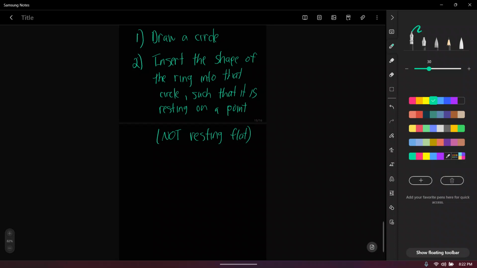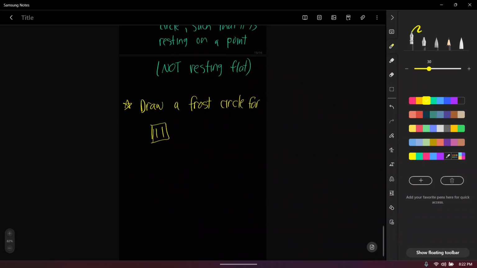Okay, so before I get into part 3, let's just do the first two. So let's say you were asked to draw a Frost circle. Actually, let's start simpler. Draw a Frost circle for that thing, right?